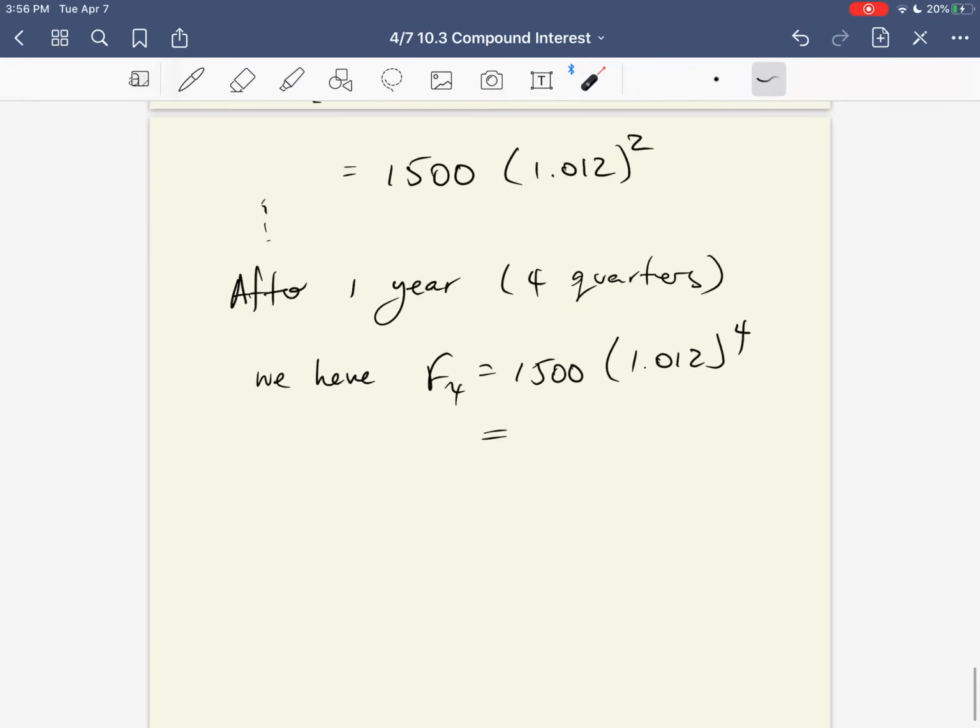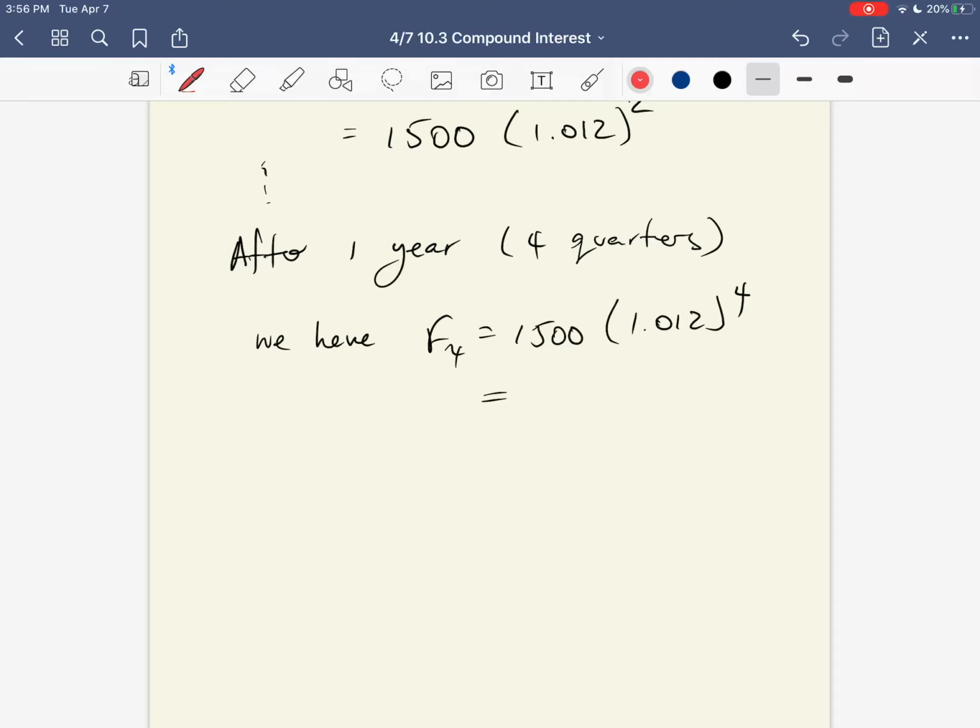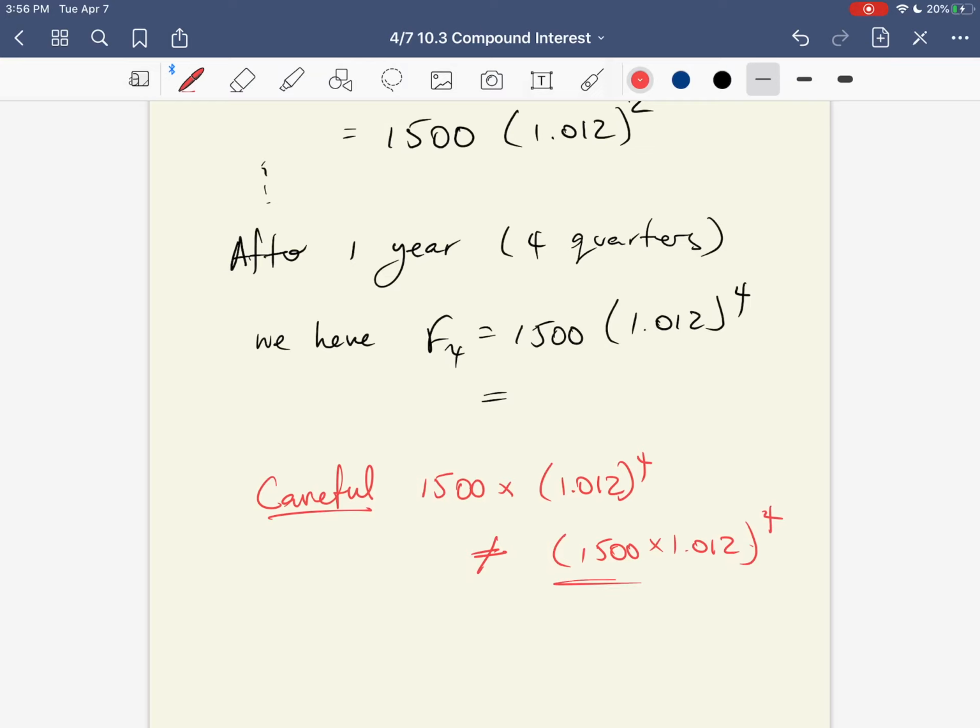So that's a really careful thing to be careful of. 1,500 times 1.012 and then raised to the 4th is not the same as 1.012 to the 4th times 1,500.